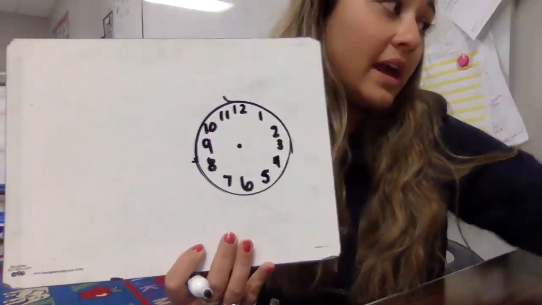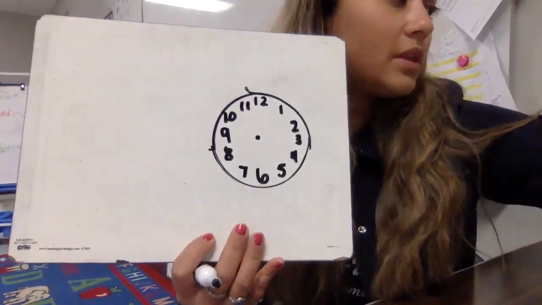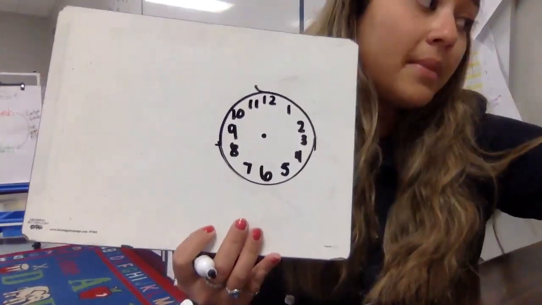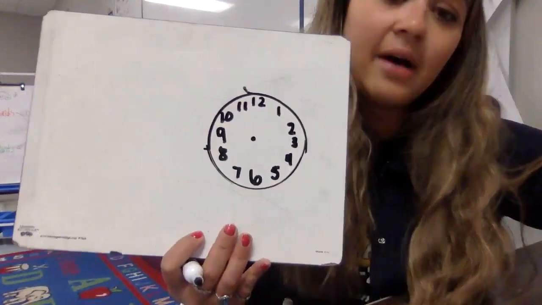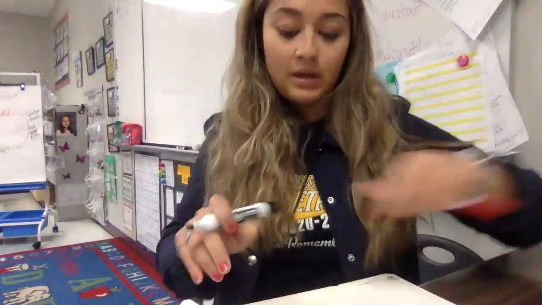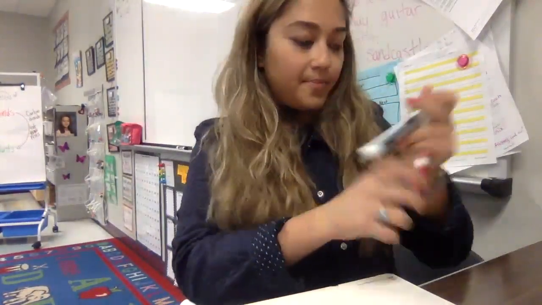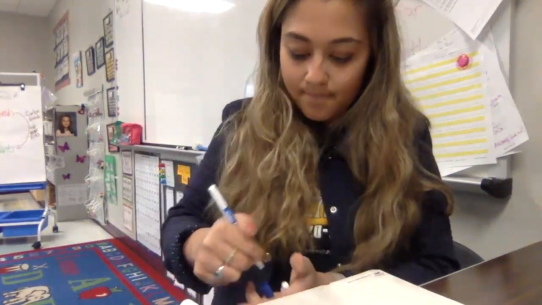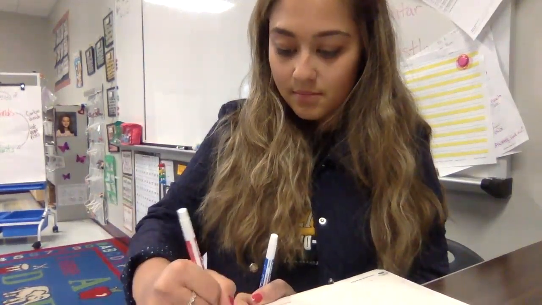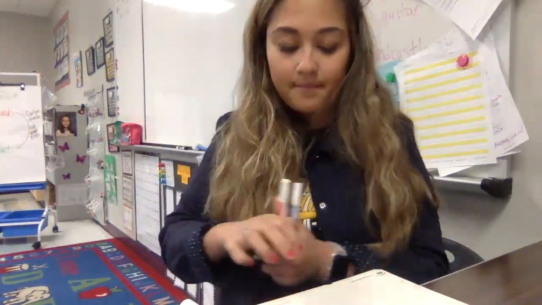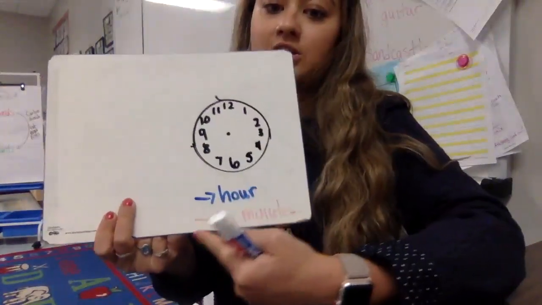I don't have my hands on it yet. The short and long hand, the hour and the minute hand. What hand shows the hour? Good. The short hand shows the hour. Okay, what hand shows the minutes? Long hand shows the minutes. Remember, short hand shows the hour, long hand shows the minutes.